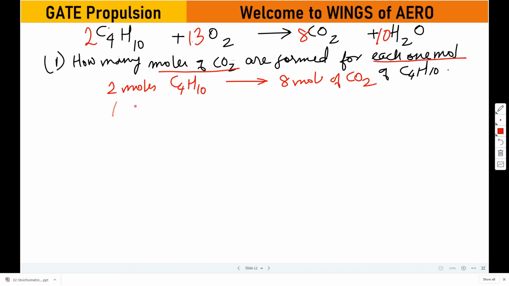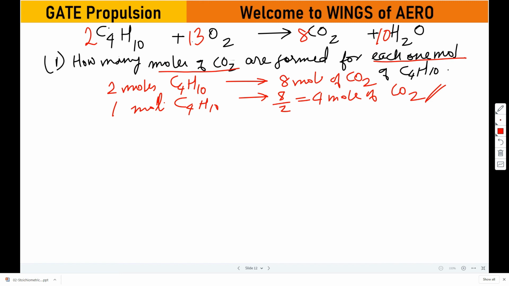That means for 1 mole of C4H10, can I say 8 by 2? We will get 4 moles of CO2. Can I say that? Alright.